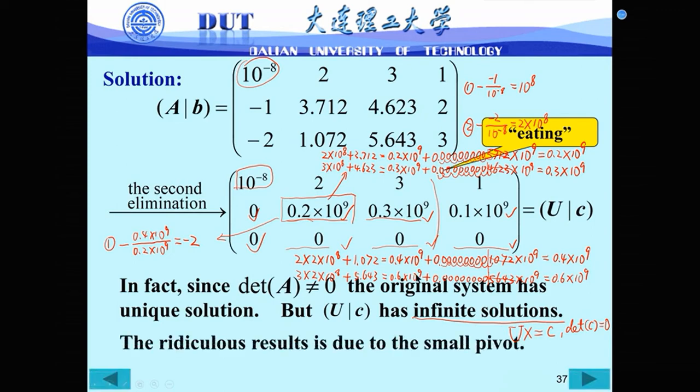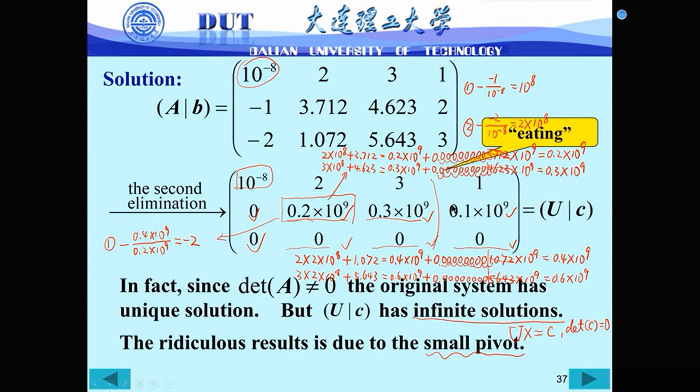So the ridiculous result is due to the small pivot. This example shows that even if the pivot is not 0, if it is a small number, we get accuracy loss, right?